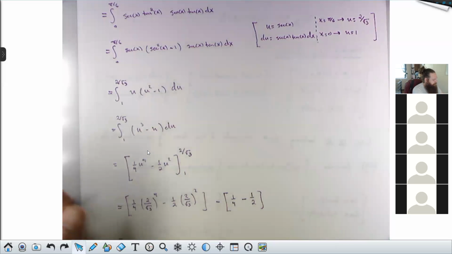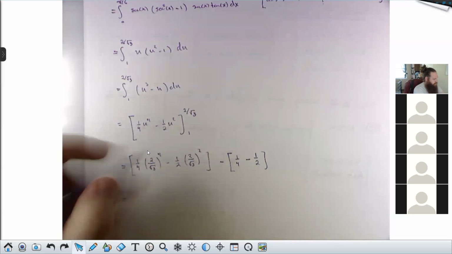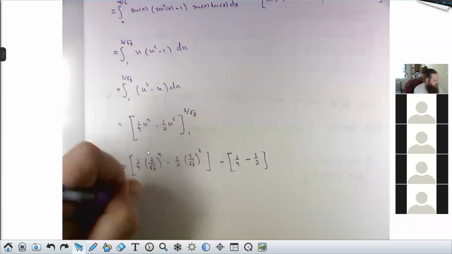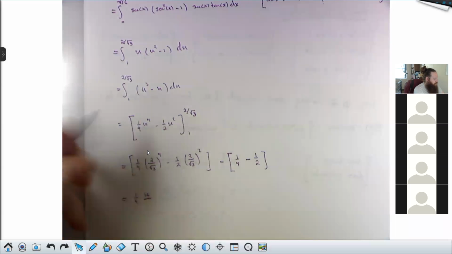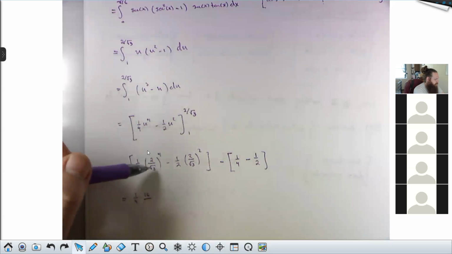We can clean this up. 2 to the 4 divided by the square root of 3 to the 4. What is that? Well, 2 to the 4 is 16. This is 1/4 times 16 over the square root of 3 to the 4. Well, that's the square root of 3 squared times the square root of 3 squared.